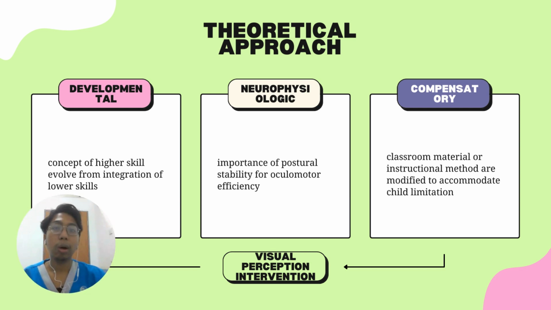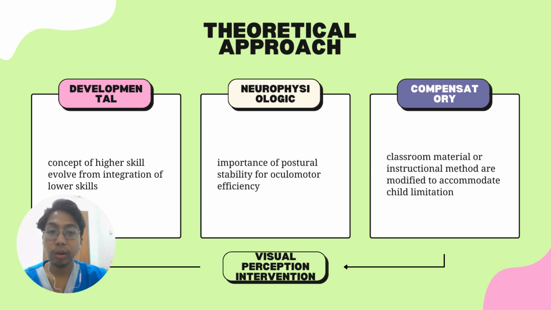When we touch different types of shapes, we know that this is a triangle, this is a square, or this is a circle, regardless of changes in texture and form. This is an example of developmental, where all the lower skills are combined together to form a higher skill, which is adaptation, the highest one.